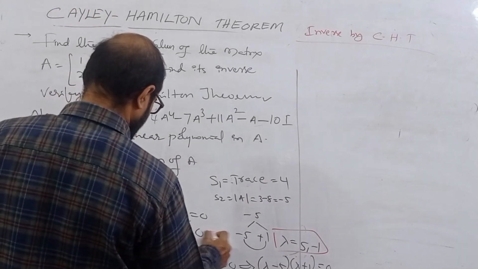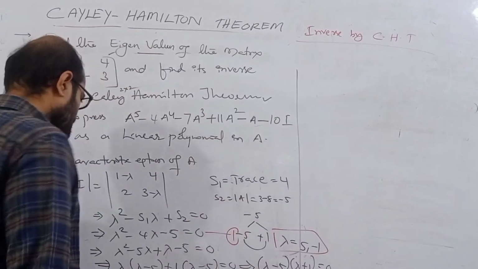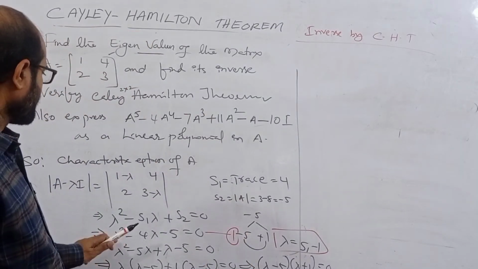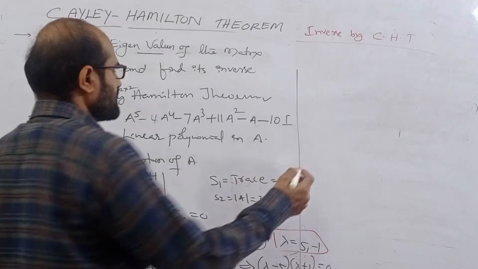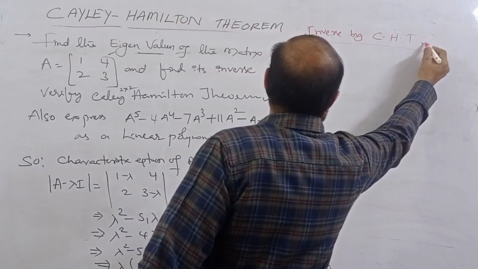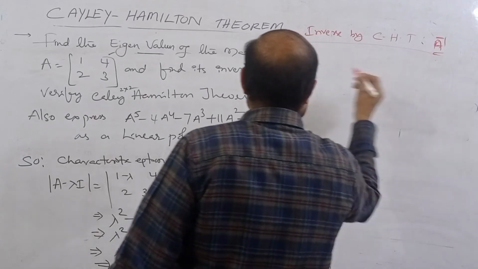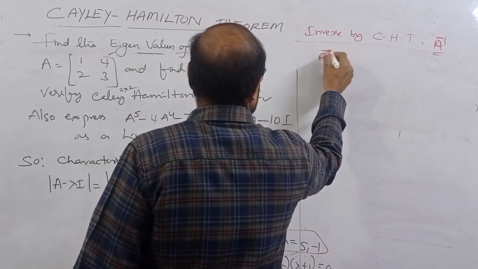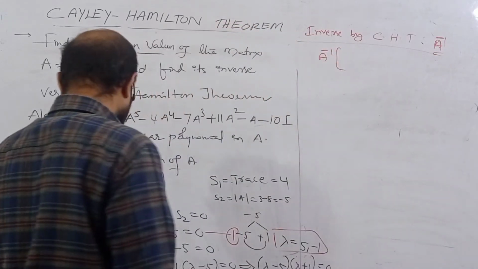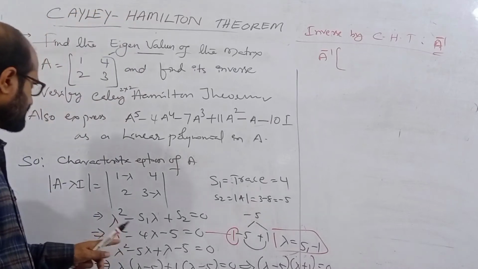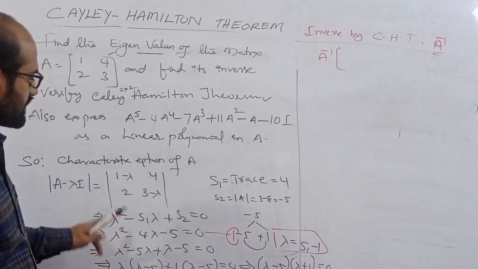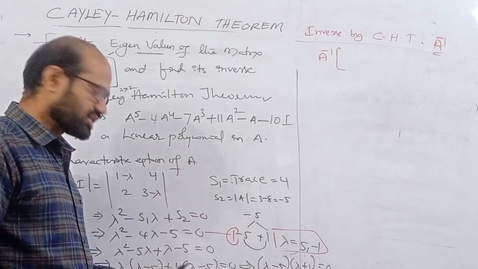This is the characteristic equation. If you want to find A inverse, then multiply this equation with A inverse. Since it is by the Cayley-Hamilton theorem, A should satisfy its characteristic equation.